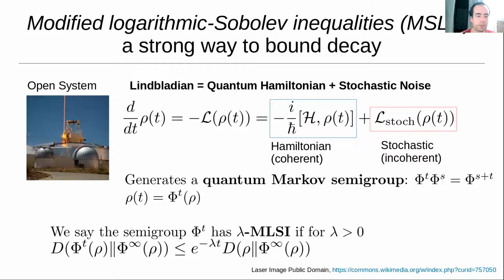A broader use of this sort of technique is when looking at what are called quantum Markov semigroups, which are continuous time quantum processes given by a Lindblad master equation shown here with this Lindbladian generator L. And when we have a quantum Markov semigroup, we would say that it has a modified logarithmic Sobolev inequality with constant lambda if there is this exponential decay of the relative entropy with respect to a fixed point.